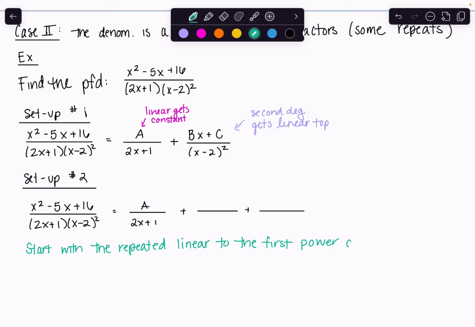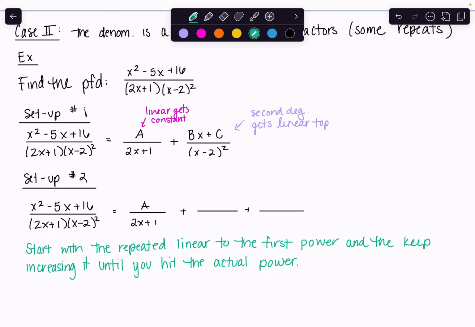And then you keep increasing it until you hit the end power. Then this is nice.